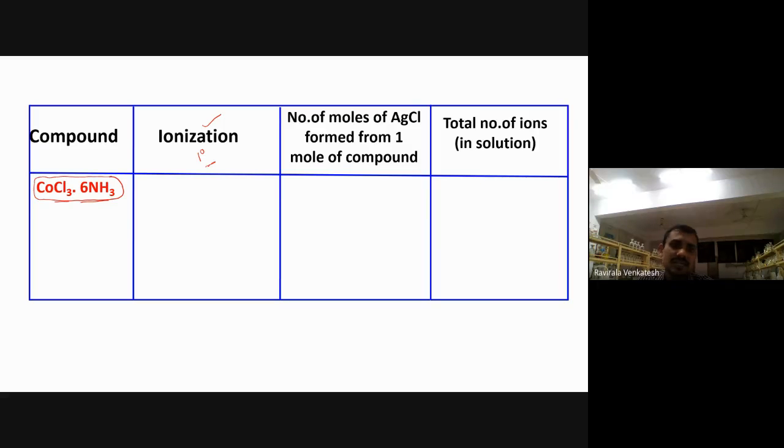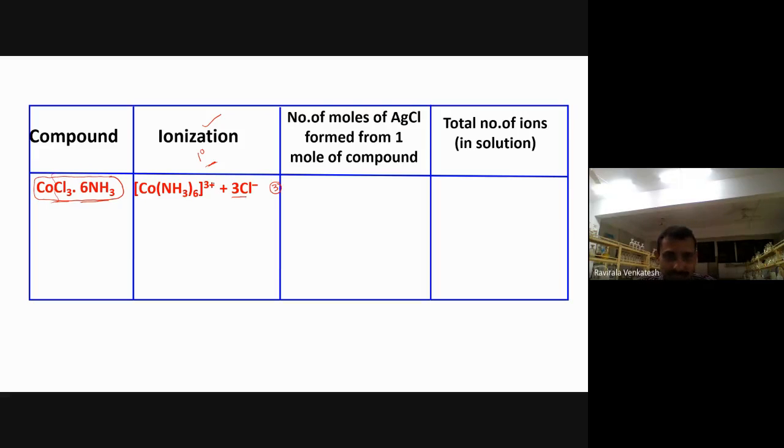If you observe here, cobalt and chlorine form ionic bonds. Between cobalt and chlorine, what type of bond do you have? An ionic bond. So how many ionic bonds can they form with cobalt? 3 ionic bonds. So the primary valency in this case is 3.